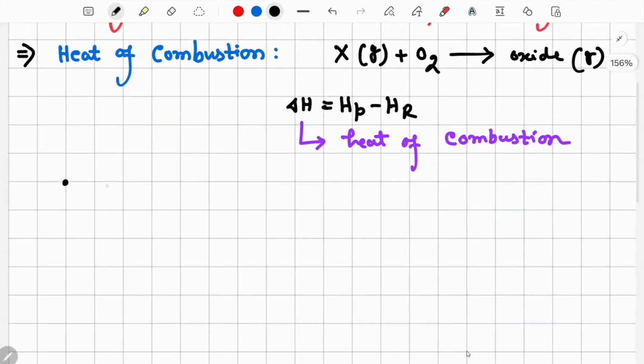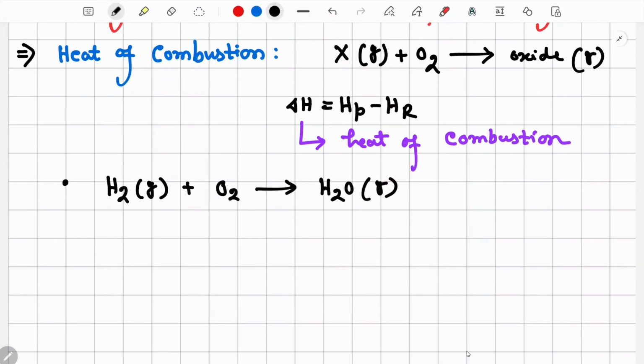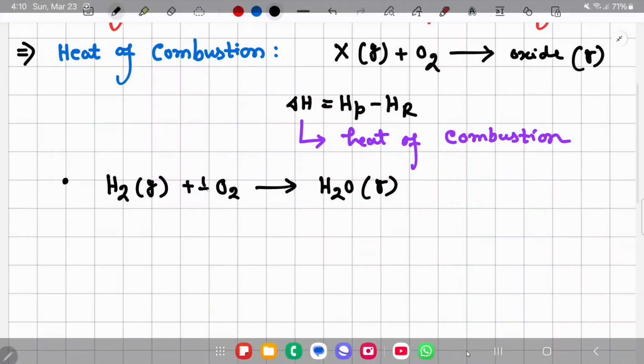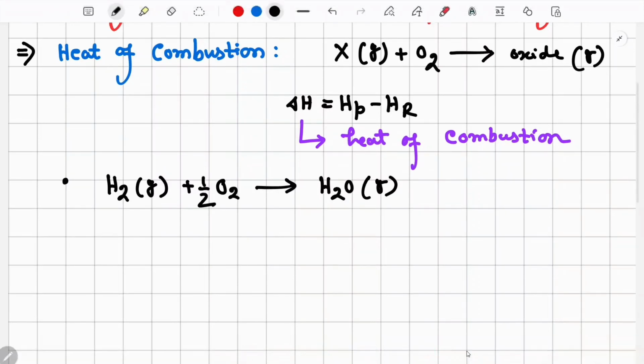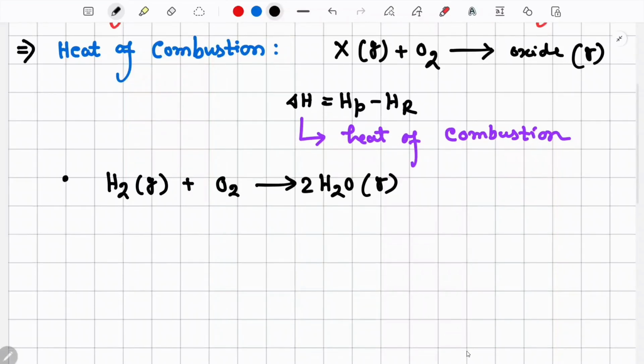Then it will be H2 gas plus O2, and it will form the oxide, which is water vapor. But you have to balance the equation. You can't change this. You have the option of writing 2H2 plus O2, or H2 plus half O2. That's why I'm saying you can't do it. Yes, this is a standard equation I read.